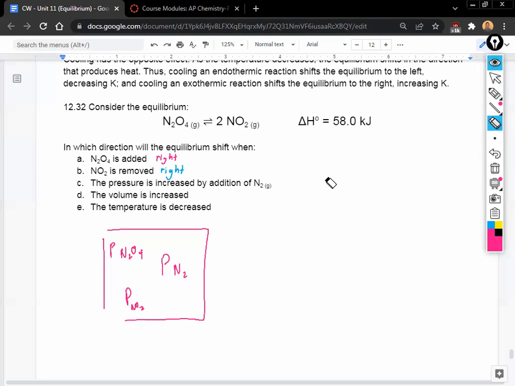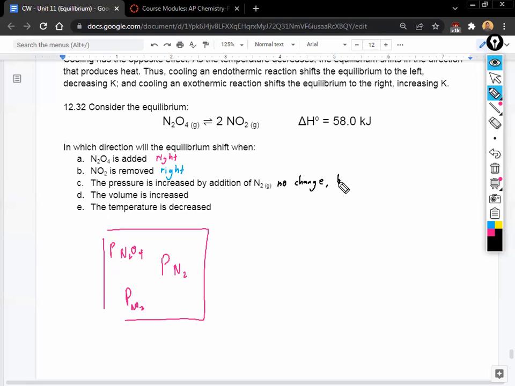So if I add N2, it doesn't matter if I change the total pressure because I'm not changing the pressure of this guy and I'm not changing the pressure of this guy, because N2 is not in equilibrium with these two compounds, right? N2 is just kind of its own thing. So there's actually going to be no change to the equilibrium. So that one was a trick question. Okay, does that make sense though? It's because N2 is not in equilibrium with these compounds.